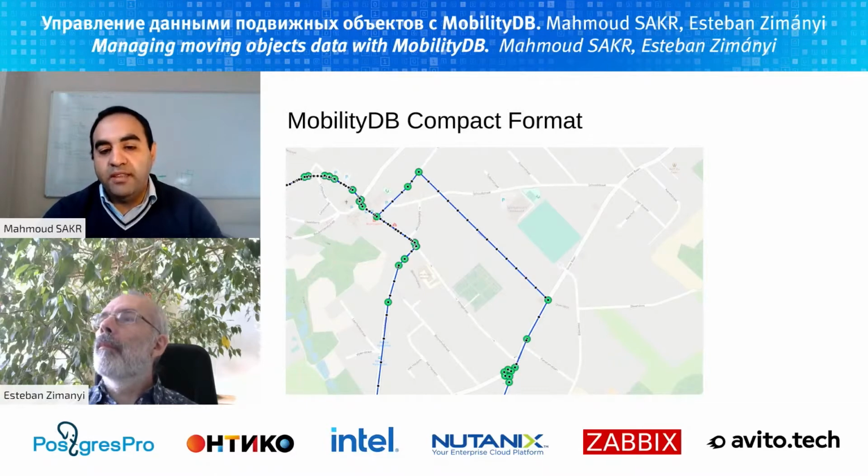Like this, we can get rid of many redundant observations between every 2 key observations where there is a change in speed or direction. Then we need to take an observation. Otherwise, we can interpolate between the points. So that comes to the compact representation that MobilityDB has for the mobility data.